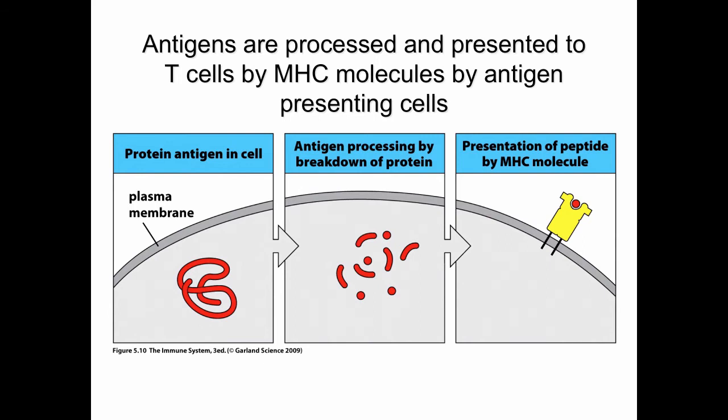These individual peptides, or pieces of the protein, associate with the MHC molecule and are presented on the cell surface of the antigen-presenting cell. This little red dot reflects the peptide, or the processed piece of the protein, associated with the larger yellow MHC molecule and presented together as a complex on the surface. And then the T cell and the T cell receptor would come down and recognize this MHC-peptide complex.